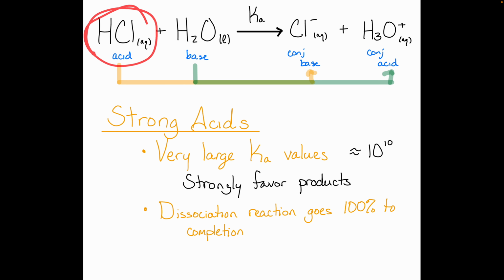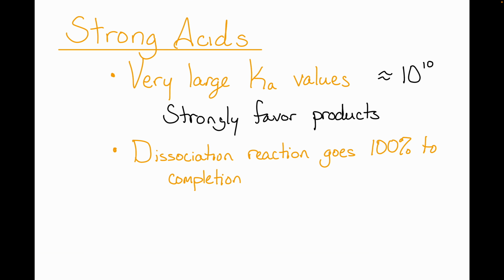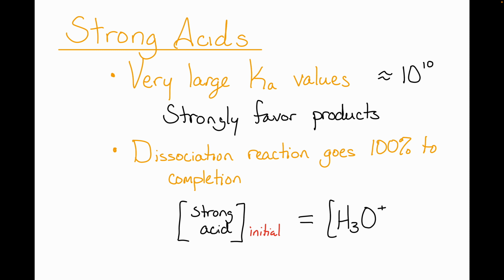That means every single molecule of HCl that you put in there is going to dissociate into chloride ions and hydronium ions. That's going to make calculating the pH of these solutions, or rather calculating the concentration of hydronium ions, a lot easier, because it simply means that the concentration of that strong acid that we start out with, that initial concentration, is equal to the concentration of hydronium ions once this reaction has reached equilibrium.